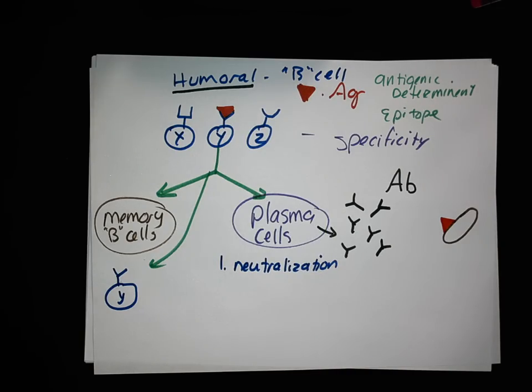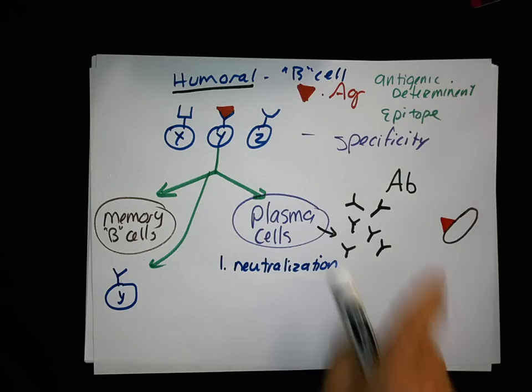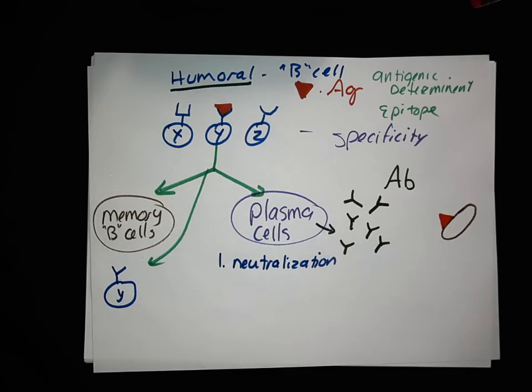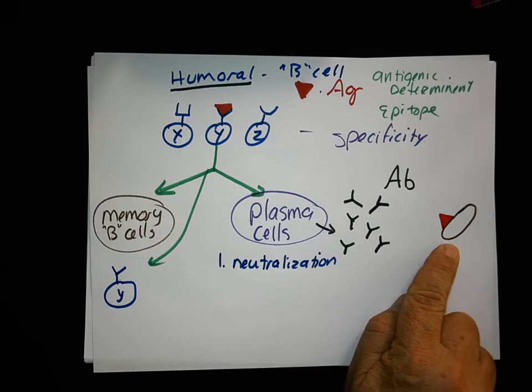One thing you learn in microbiology is that the first step required for bacterial infection to occur is adherence. The cell must adhere to your tissue. If it cannot adhere, it can't proliferate. So let's say in this case, the epitope, the antigenic determinant, is a site of adherence. Or, let's say this is the protein from a snakebite poison.